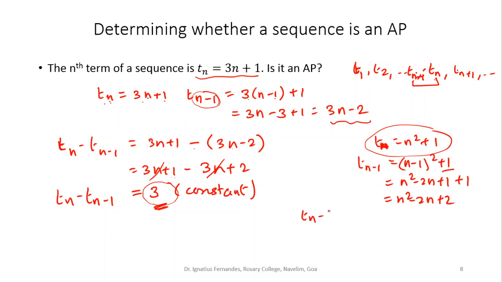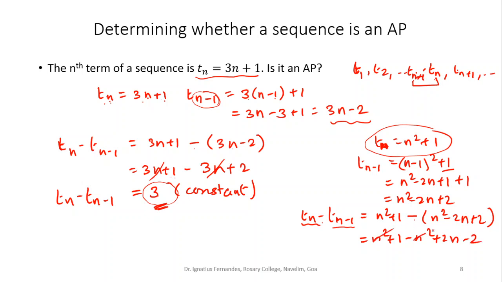Now tn minus tn minus 1 will be n square plus 1 minus n square minus 2n plus 2, which is n square plus 1 minus n square plus 2n minus 2. This n square will cancel. I have 2n here and 1 minus 2 is minus 1.